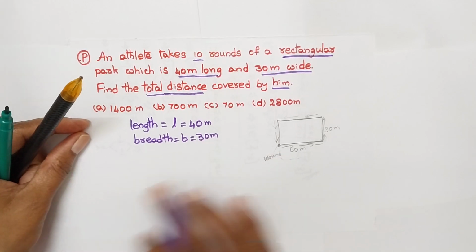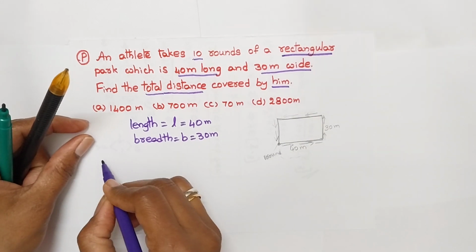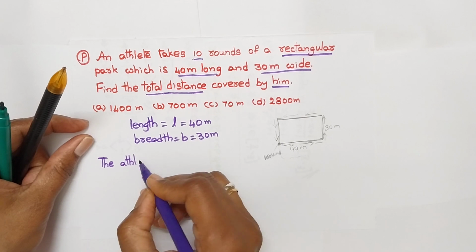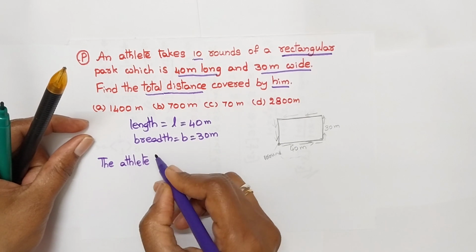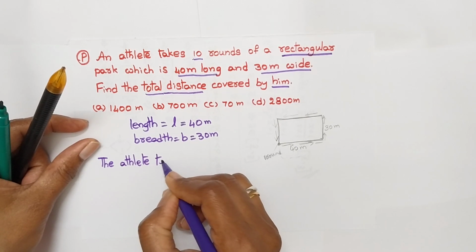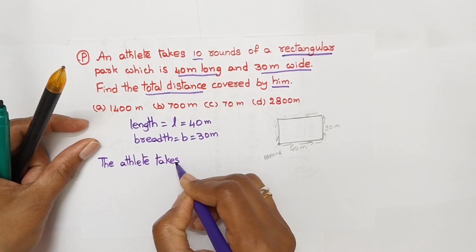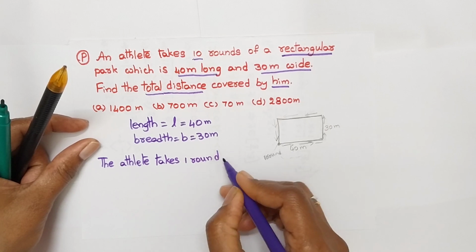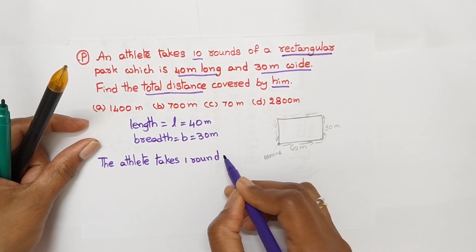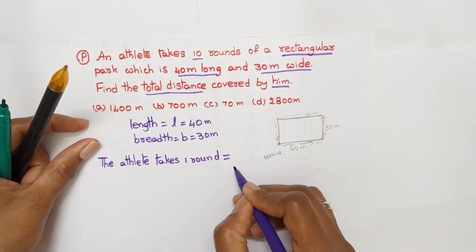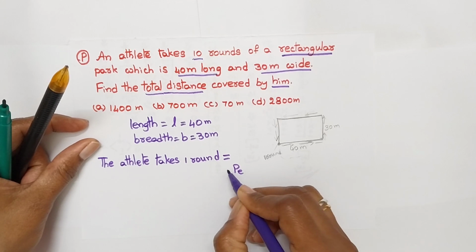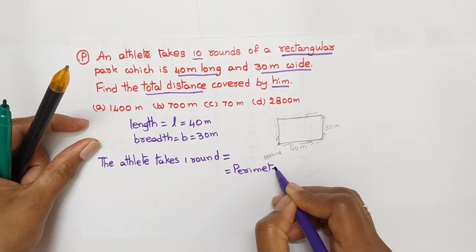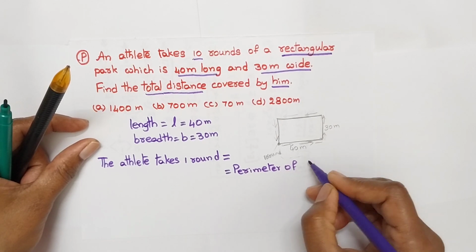Now the athlete takes one round, equals the perimeter of the park.